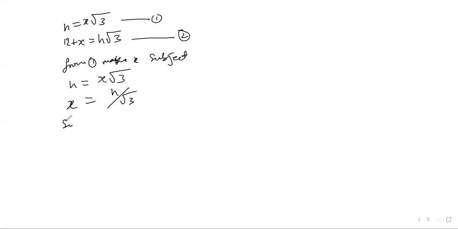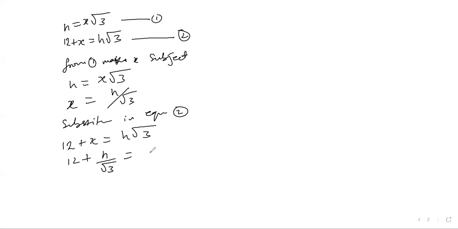So you substitute that into equation 2. Equation 2 is 12 plus X equals H root 3, so in the place of X, you put H over root 3. So we have 12 plus H over root 3 equals H root 3. In order to clear the denominators, I multiply through by root 3.